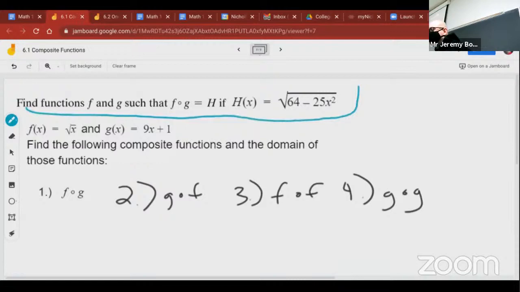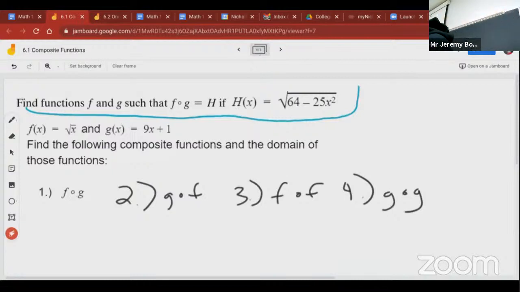You're trying to find the functions f and g such that f of g, so f composed with g, is equal to the function h, where h of x is the square root of 64 minus 25x squared. And then the second one, we've got f of x is equal to the square root of x, g of x is equal to 9x plus 1.